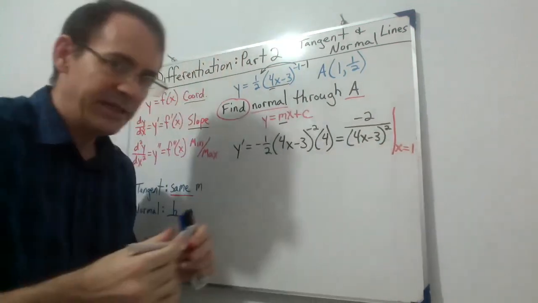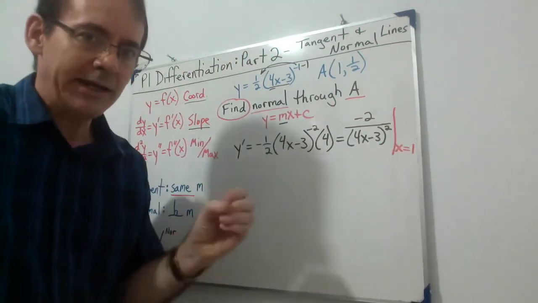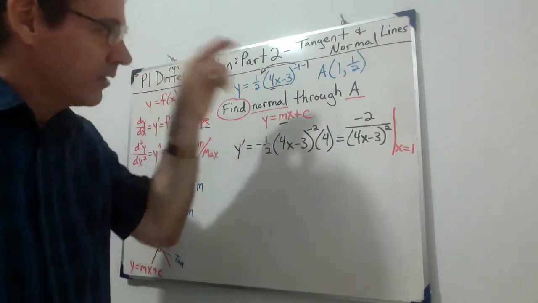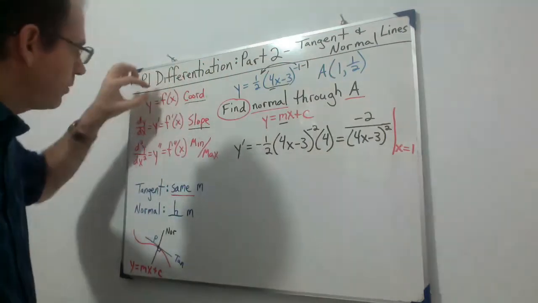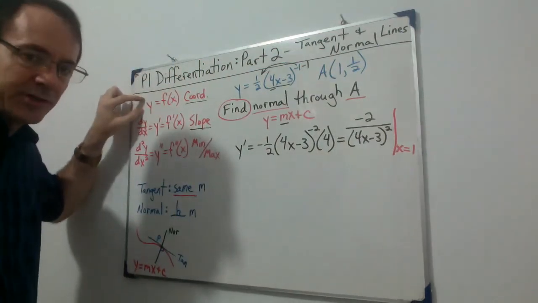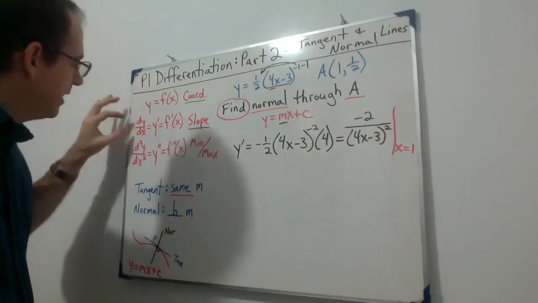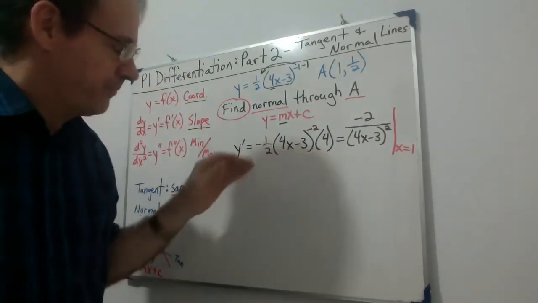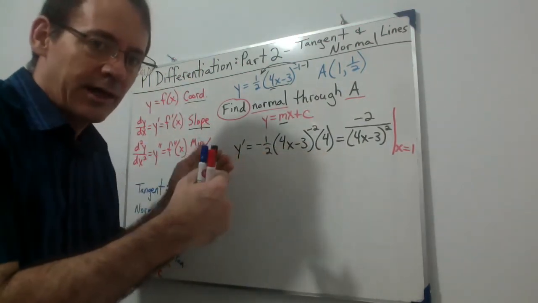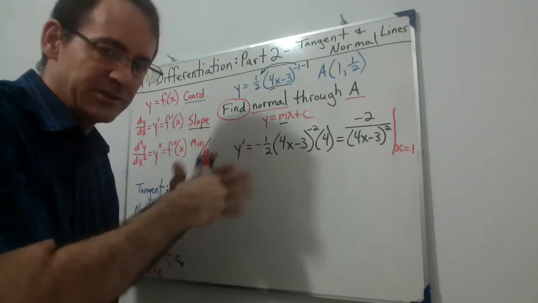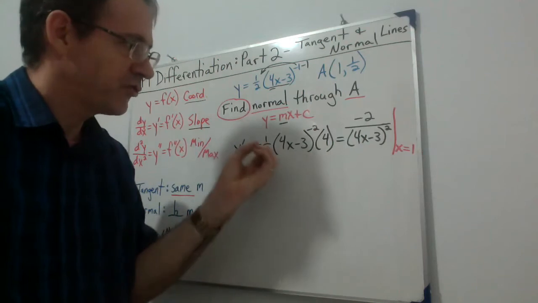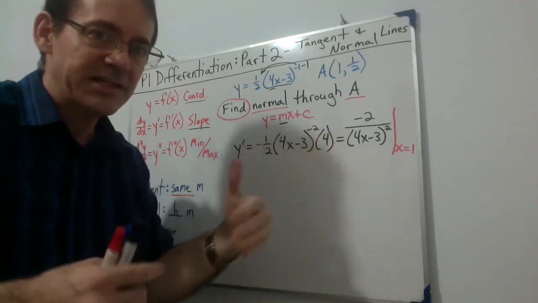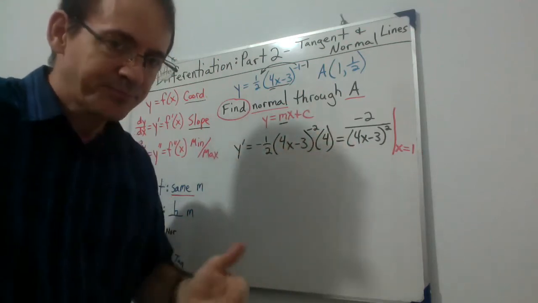Now, just give me a second here to point out something. Coordinates, x and y, can be plugged into your original equation. When you get to the derivative, at least with these kind of functions, later in pure math 3, you're going to get to slope equations that have both x and y in it.